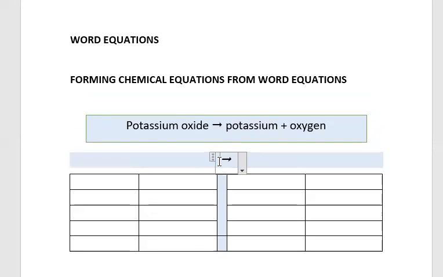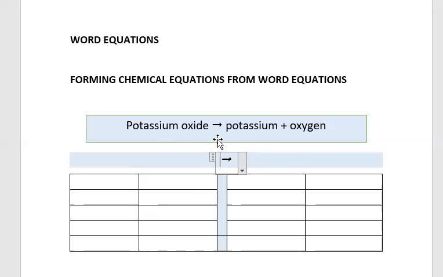I'm going to give you the word equation, and you have to give me the chemical equation for it. Same protocol: you talk to me on the chat, and I think this is going to be quite an exciting lesson. We just need to give ourselves that space to answer.